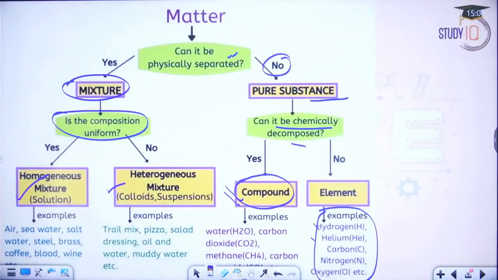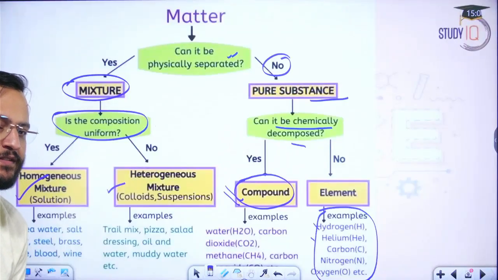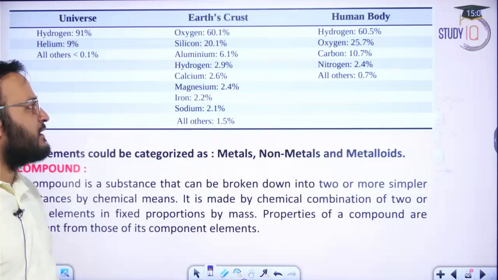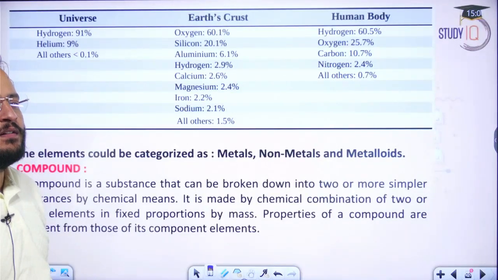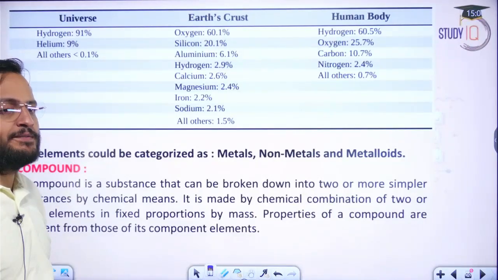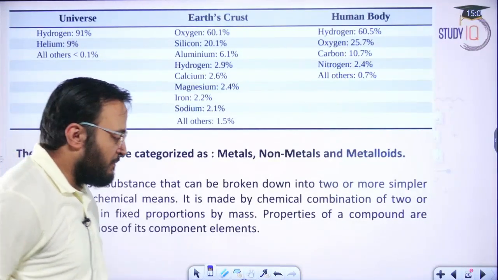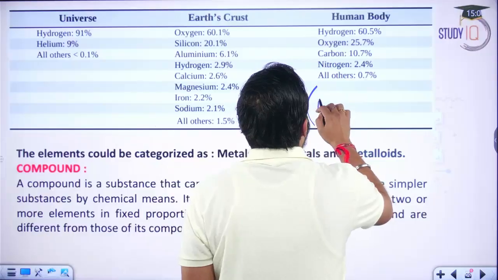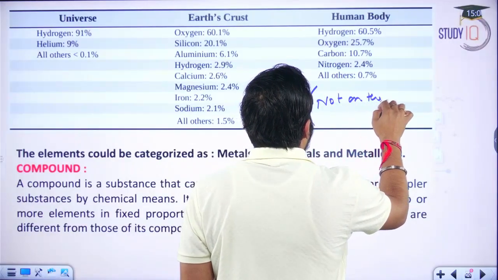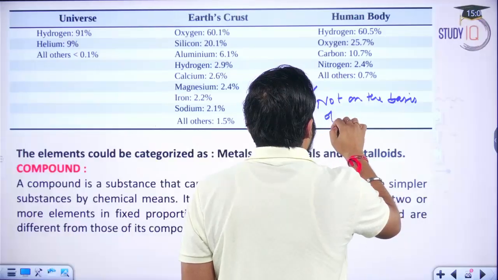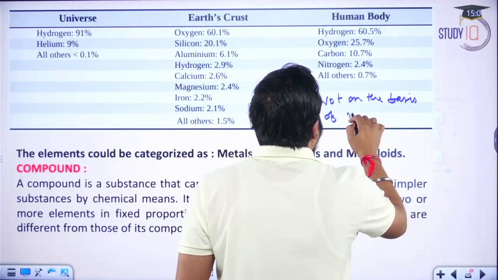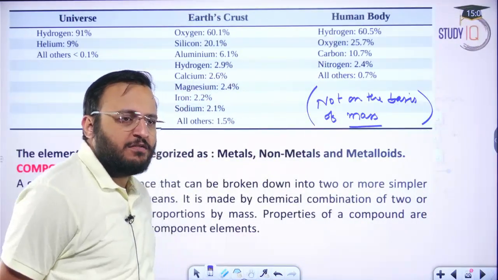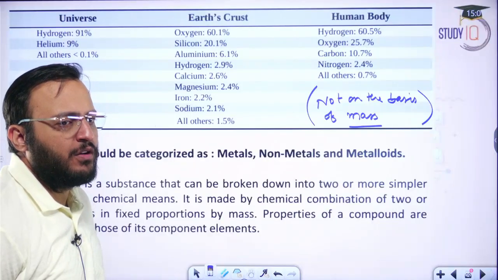Okay, guys. Now if we talk about the further things, the universe, earth crust, and human body, as per the ratio of occupation of the molecules, the percentage, not on the basis of mass, but on the basis of the total volume.